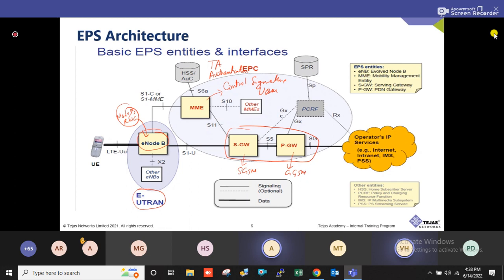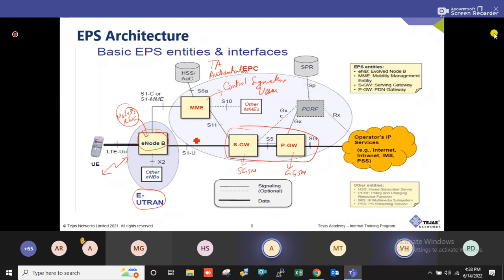PCRF and HSS are typically used for, let's say, HSS for user profile database management, and PCRF mainly for billing applications. So we are mainly concentrating now on the eNode B, or mainly on the air interface.